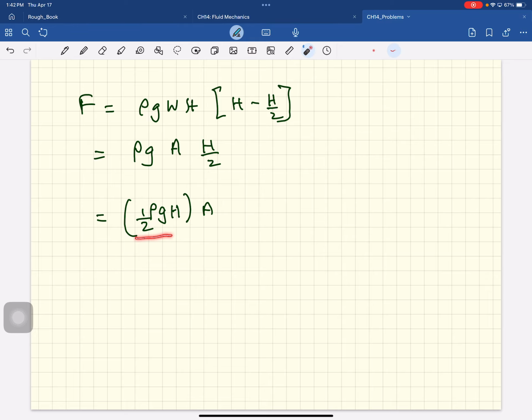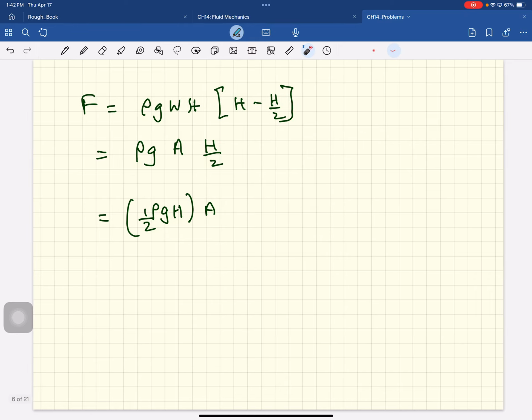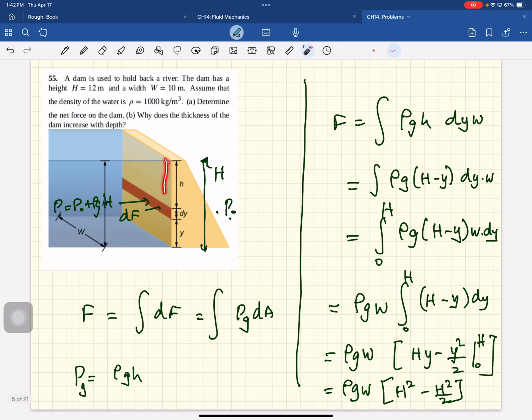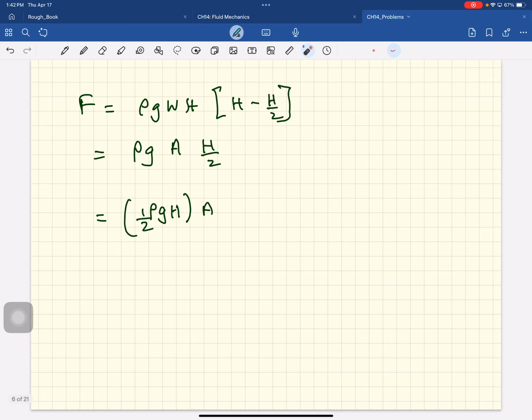See, this is the average pressure on the wall, the average gauge pressure. Average pressure times the area of the wall is the force on the wall.